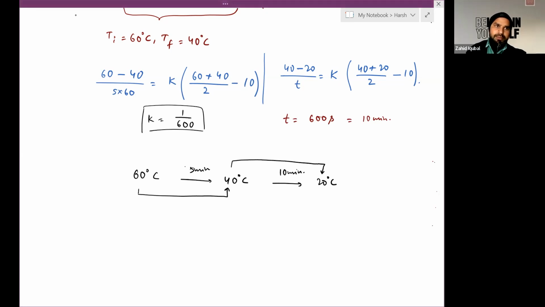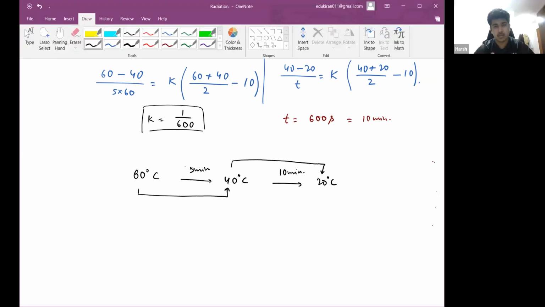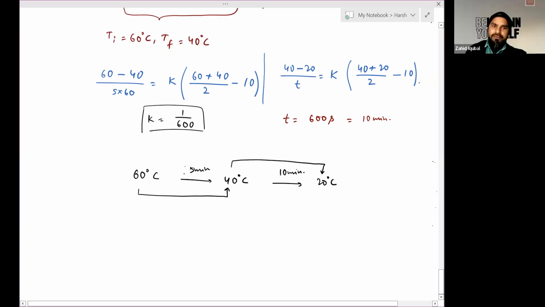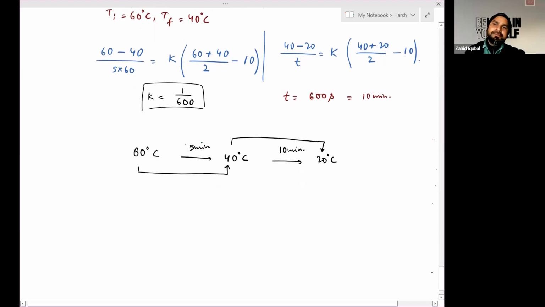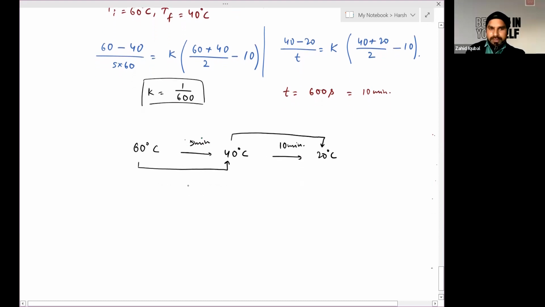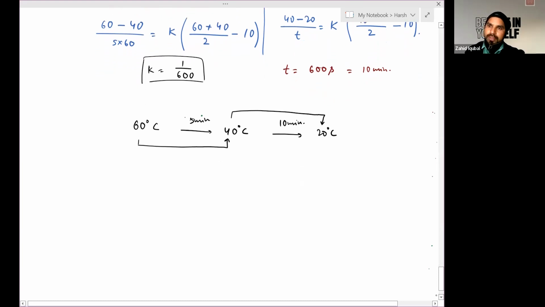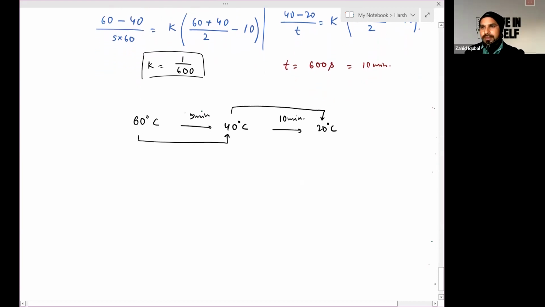Is the change in temperature the same in both cases? Yes, sir. Same. But the time taken in the first part is smaller compared to the second part. Is it clear? Yes. From this we can say, as the temperature of the body decreases, its rate of cooling also decreases. So it will take longer to change by the same amount at lower temperature as compared to higher temperature.